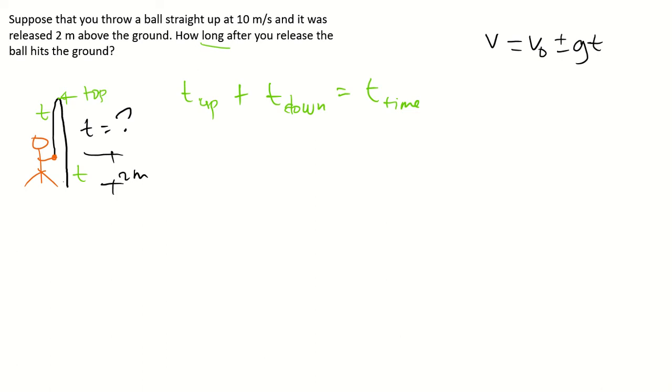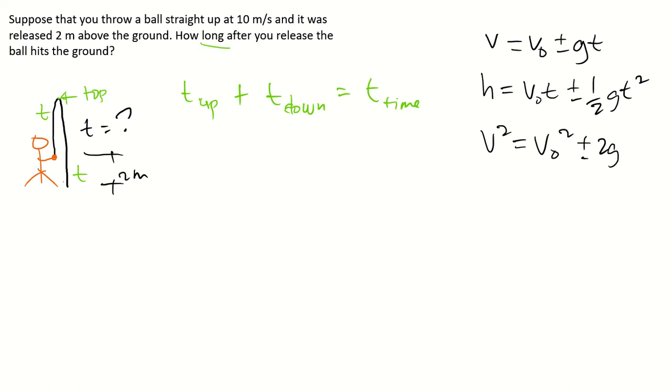Or for the displacement, which here will be the height or distance, it is velocity initial multiplied by time plus or minus 1/2 gt squared. And we also have the formula V final squared is equivalent to V initial squared plus or minus 2 g times the height. These are the kinematics formulas. There are others, but they are just variations. So we will choose from these and analyze.